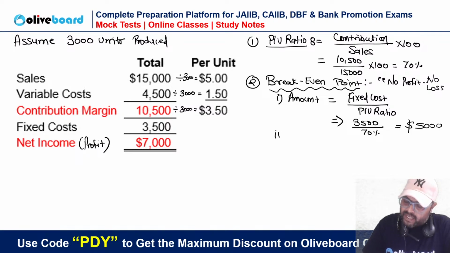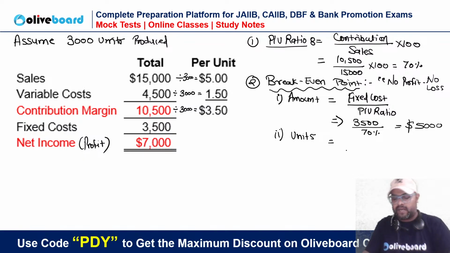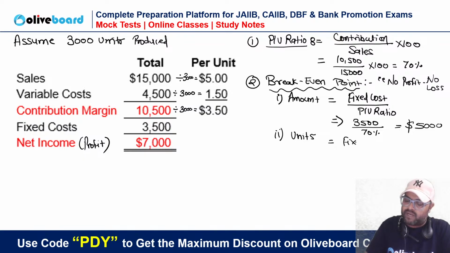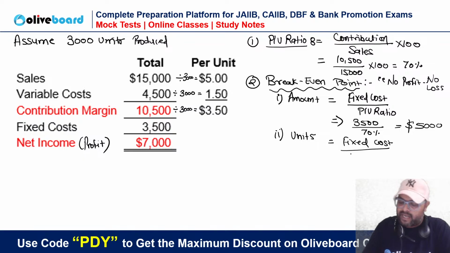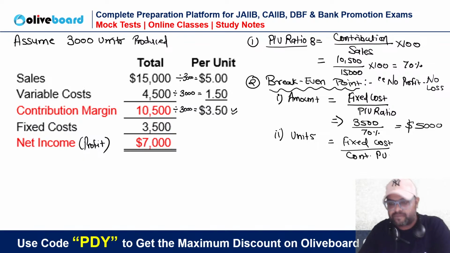But the second calculation of the break even point may be in number of units. In number of units, the numerator will remain the same, fixed cost, but the denominator will change. That is now contribution per unit. That's why this calculation is useful.